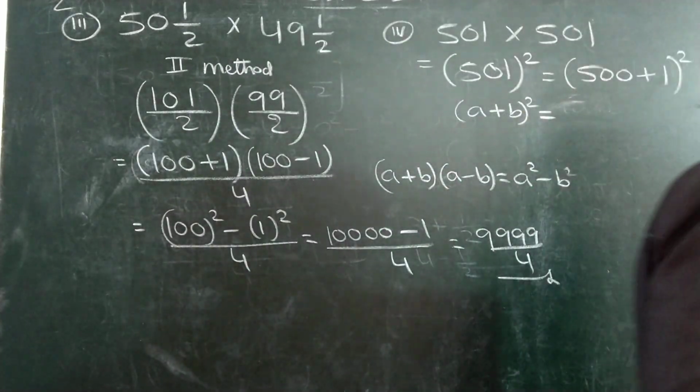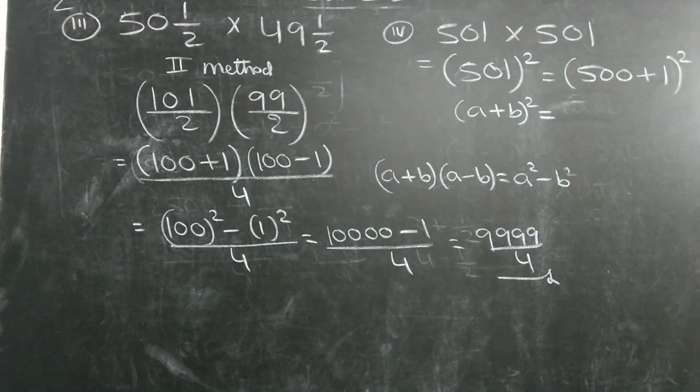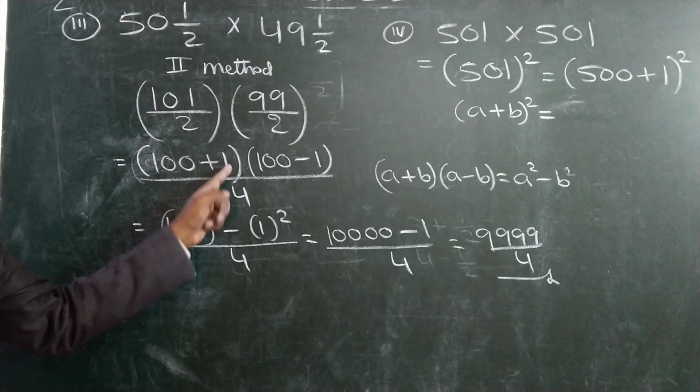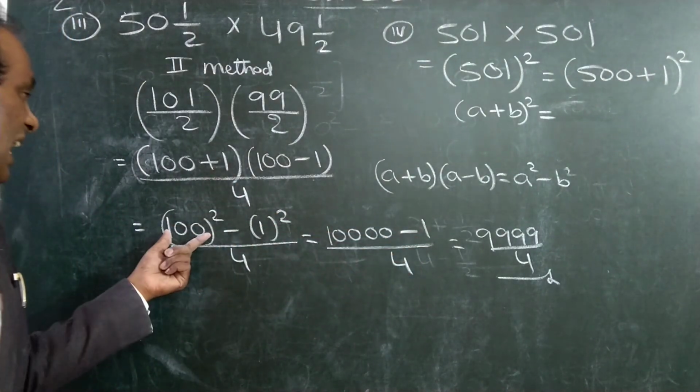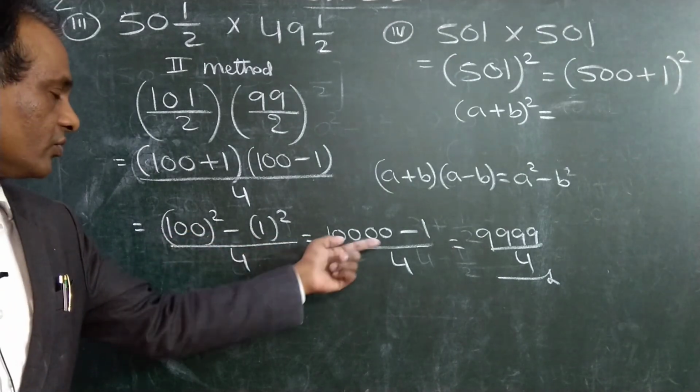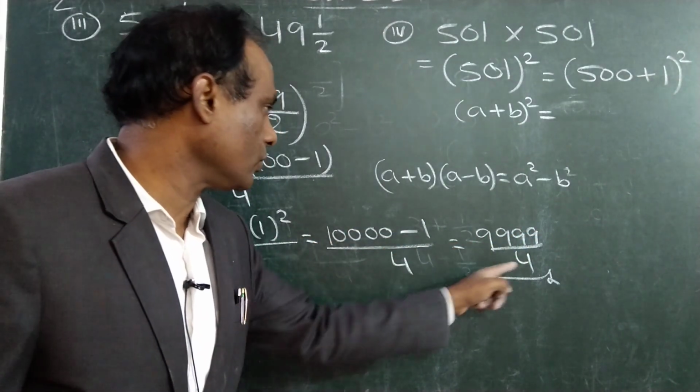Do it. a plus b into a minus b is a square minus b square. 1 square is 1 into 1, 1. 100 into 100 is 4 zeros. 10,000 minus 1, 9,999 by 4.